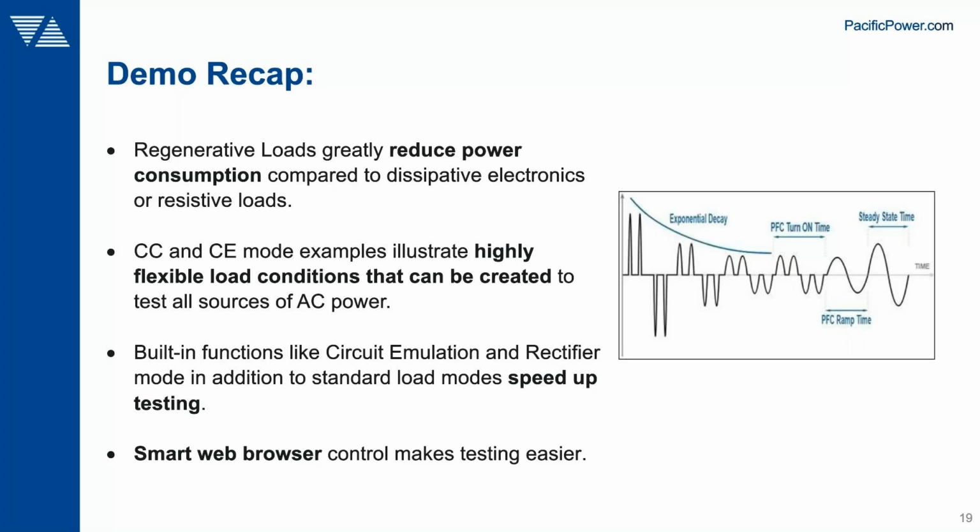And you can do that as part of the transient system like we did, or you can do similar things using the arbitrary waveform capabilities of the electronic load, which allow you to change your current wave shape to something other than a pure sine wave. So for the rectified modes, that is done for you, obviously, with either a single phase or a three-phase rectified current waveform.